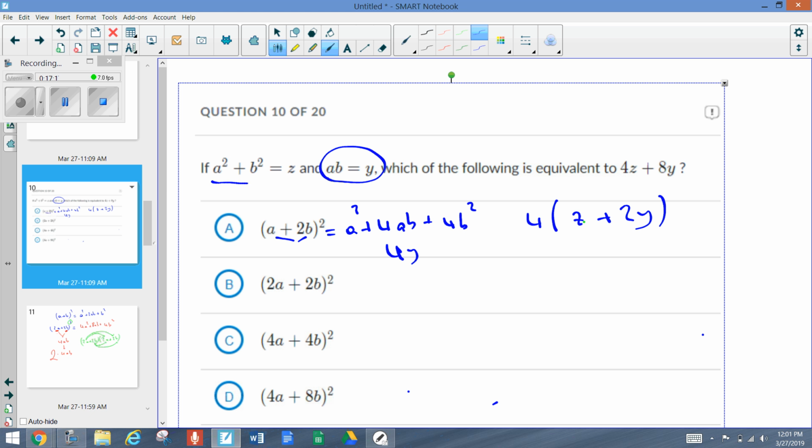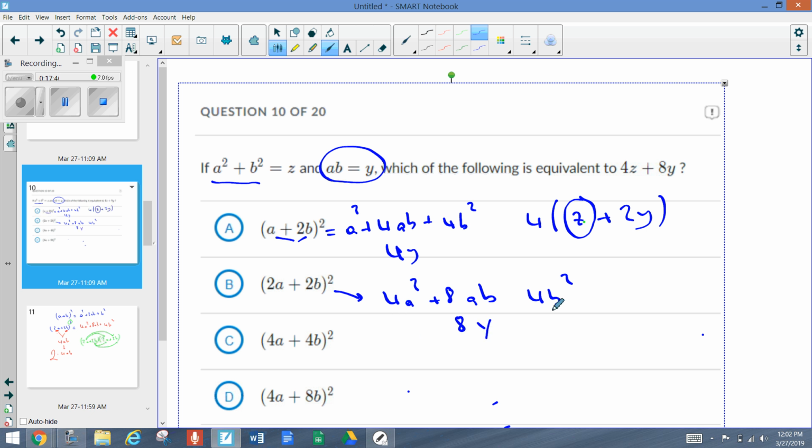I need to get something, I need just z here, right? So I'm gonna try this one. Let's do that. 4a squared plus 4b squared. Tell me the middle number. 8ab. Good job. 8ab. Okay, we know ab is y.